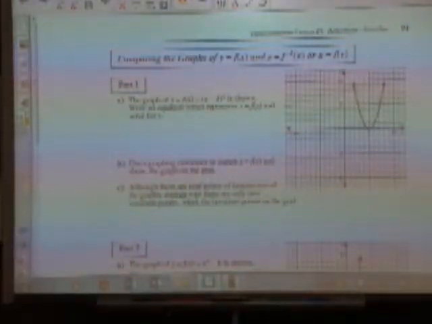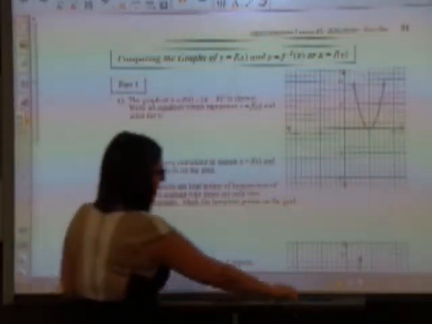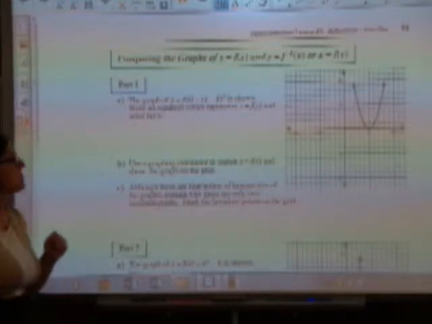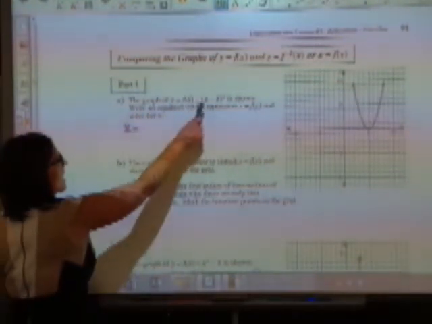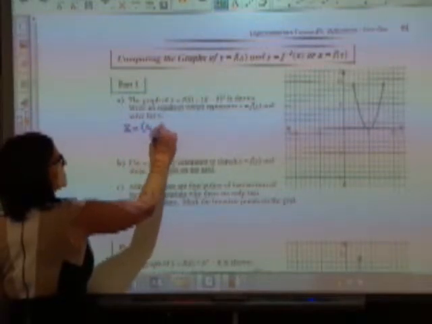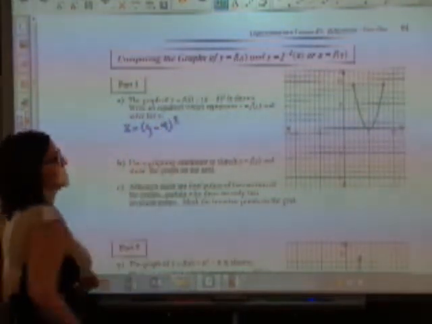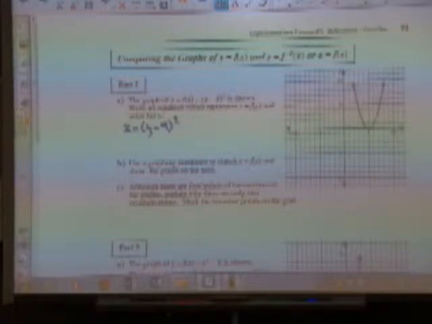So we've got the graph y equals f of x equals x minus 5 squared. If we write an equation for the inverse, I would replace y with x and x with y. So then how would I solve this equation? How do I get y by itself?